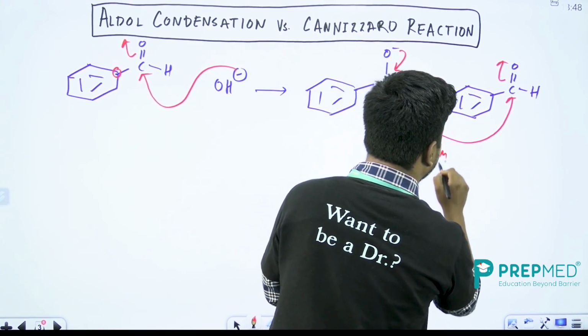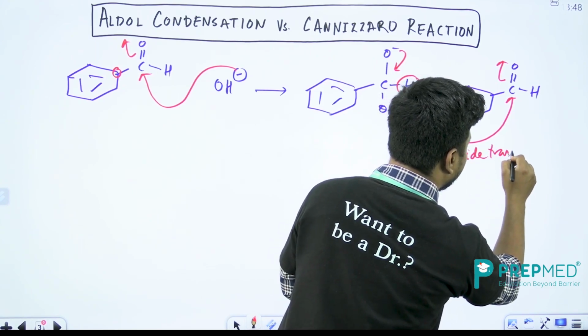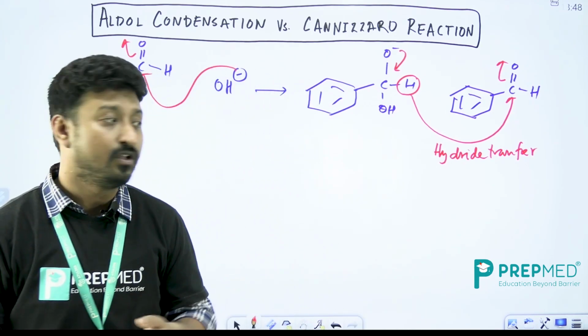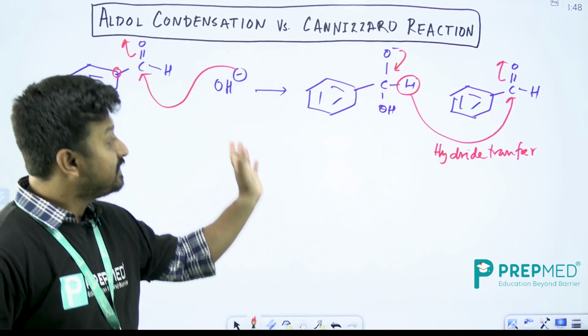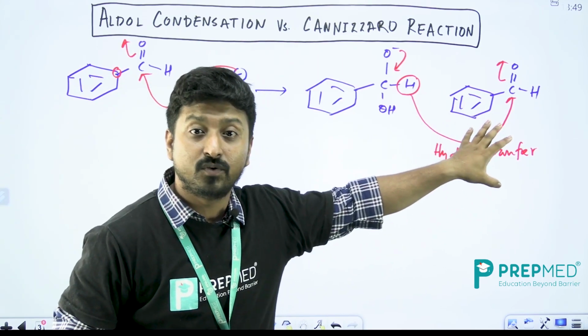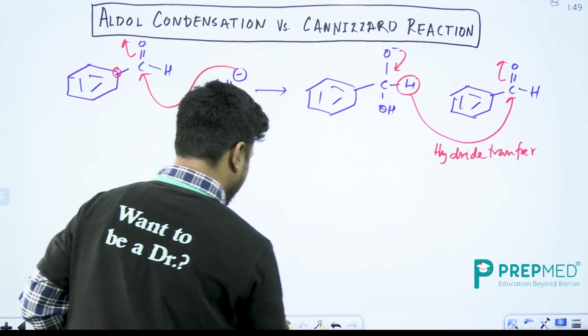Now see here, this step is called hydride transfer. And when we do this hydride transfer in reduction reactions, we can say that one molecule of benzaldehyde is getting reduced. Now what happens to this molecule which actually transfers the hydride?